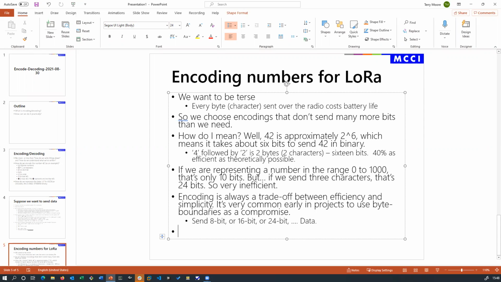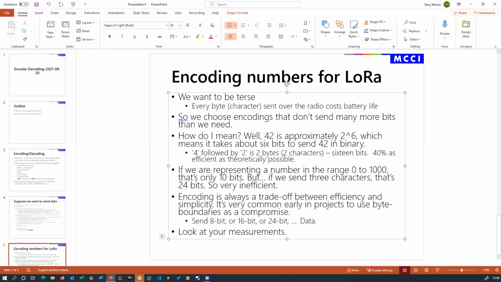And the other thing you do is you look at the accuracy of your measurement. If you've got a social security number or your passport number or something like that, you've got to send the whole thing.